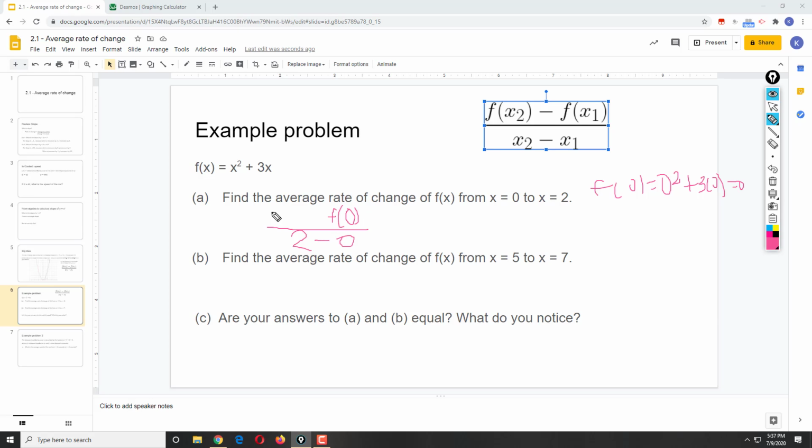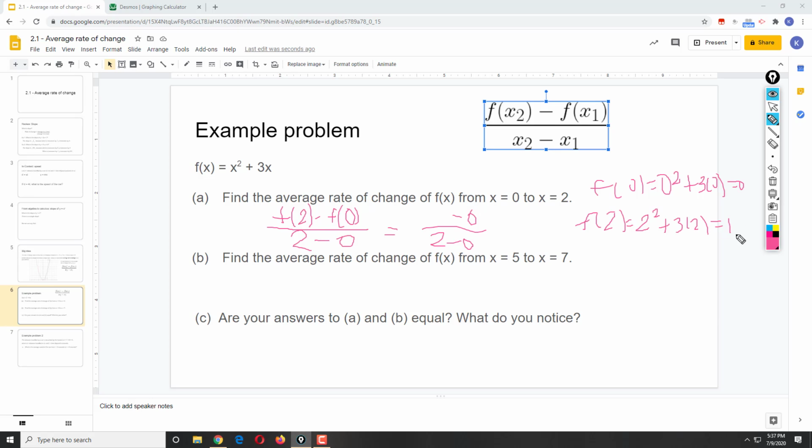But what we really did was f of 2 minus f of 0 over 2 minus 0. That's the average rate of change. And we know that f of 0 is 0. F of 2 is 2 squared plus 3 times 2.